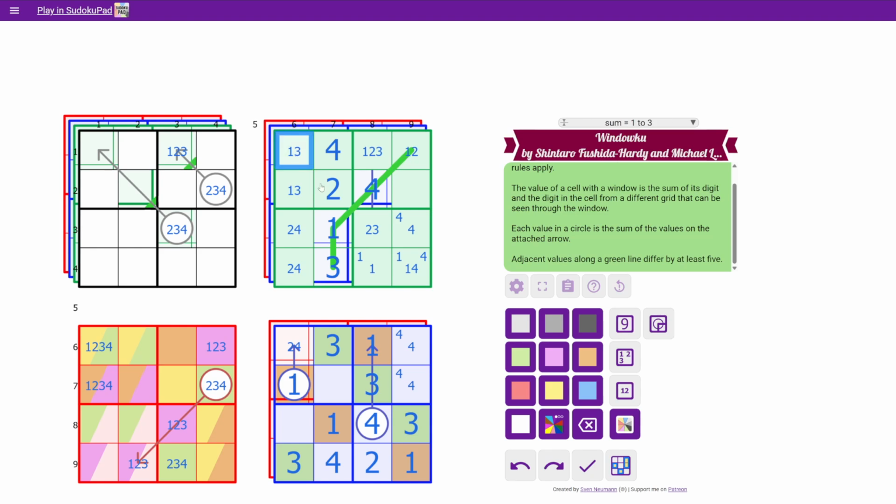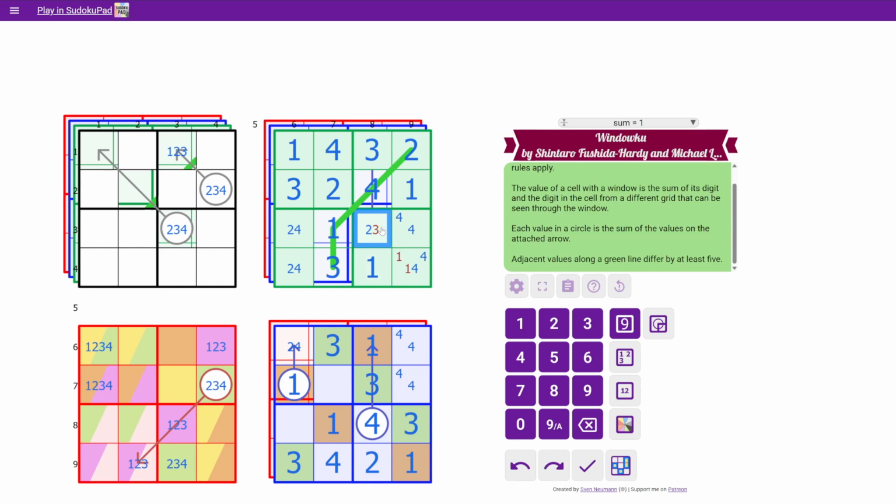So this has to be a 1. This has to be the 3. This has to be a 2. So they were different. This is a 3. This is a 1. The 1 goes here. 2 goes here. 4, 2, and then 3 and 4. Like that.